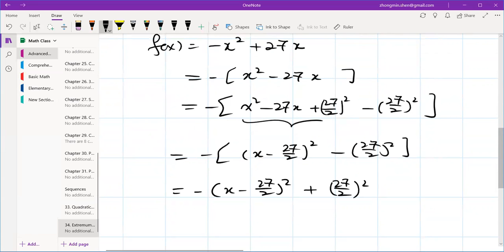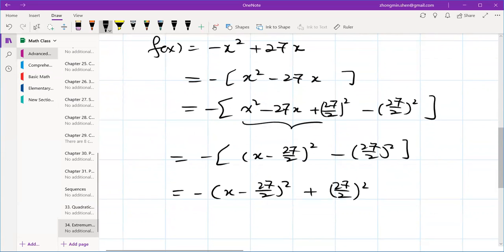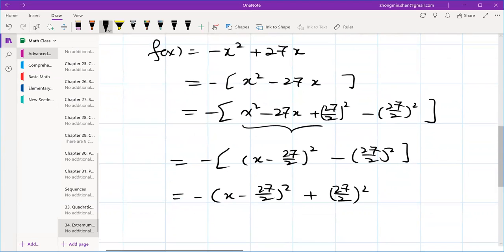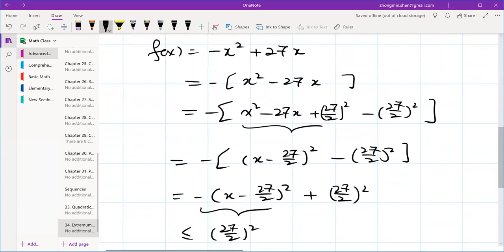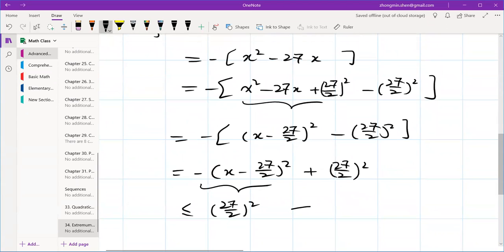all right. If you look at the expression of this function in the standard form, this term is never positive. So the function is always less than or equal to (27 over 2) squared, right? So this is going to be the maximum value of the function. You find the maximum value after you rewrite this expression.